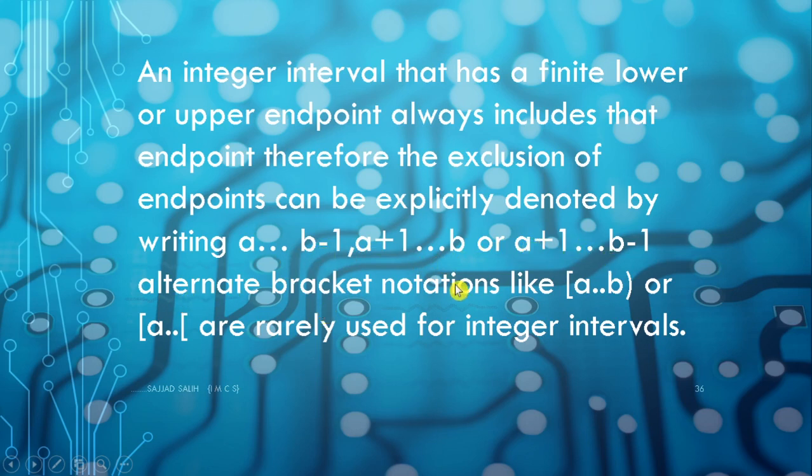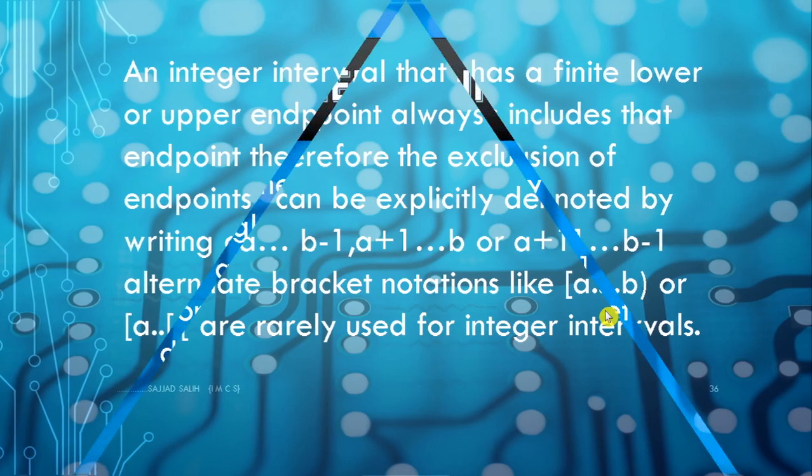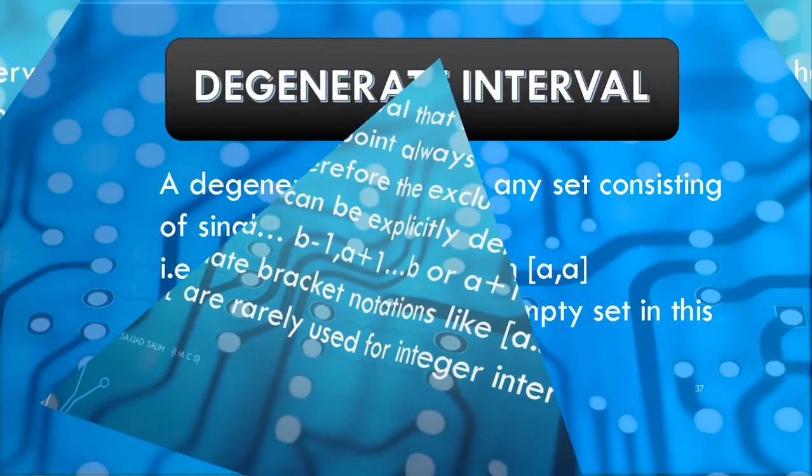Alternate bracket notations like [a, b) or [a, b[ are rarely used for integer intervals, unlike the notations used in computer programming like Pascal. Let's move on to our next slide.